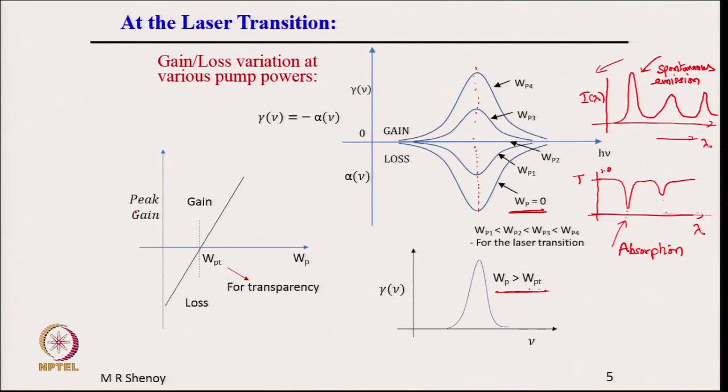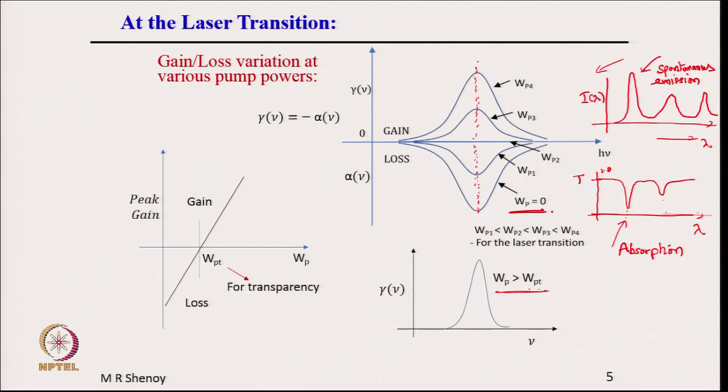So, what is plotted in this diagram is the peak gain corresponding to this line that I have shown. This is the position of the resonance peak, and the absorption is maximum at the same place where gain is also maximum.